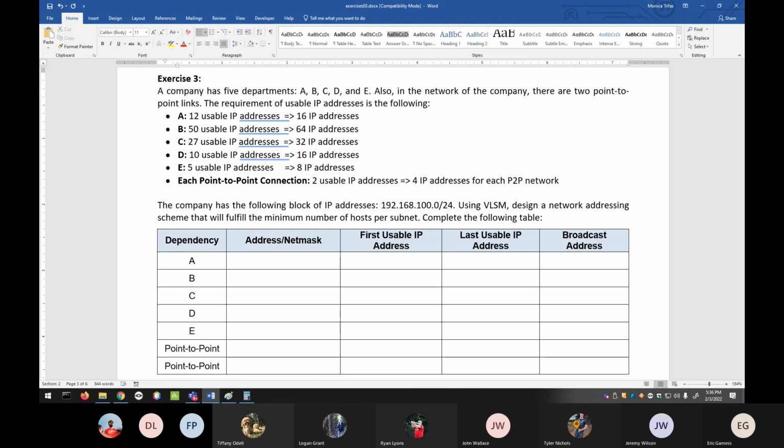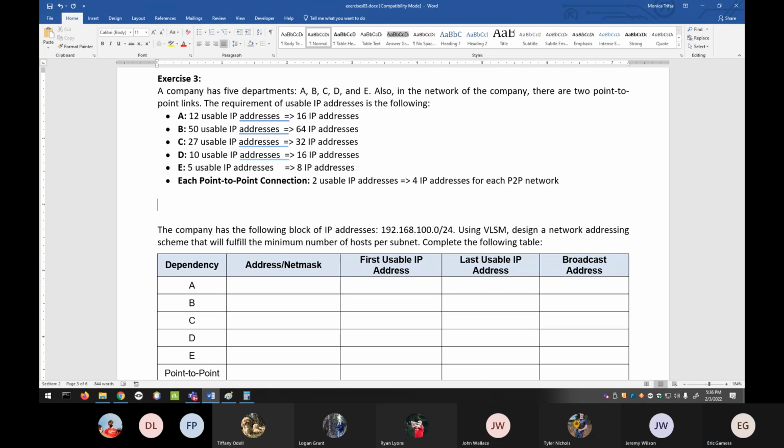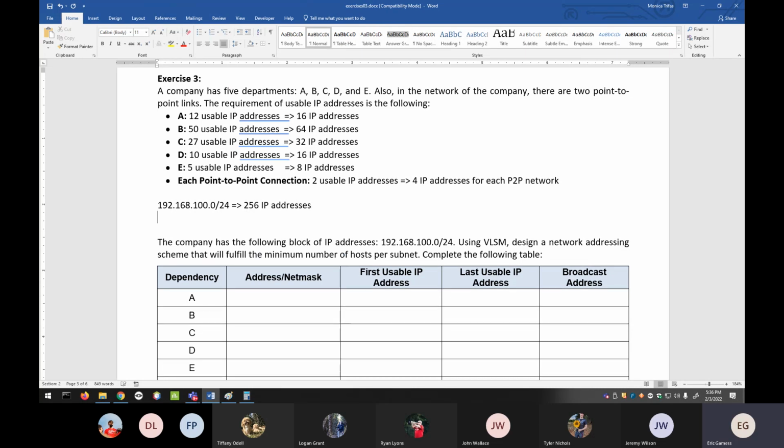Okay? So, my initial network is this one. How many IP addresses do I have in this one in total? 256 IP addresses. Let's verify if we have enough to resolve the problem.